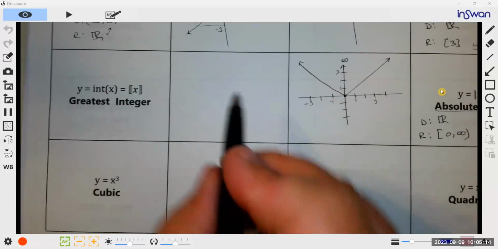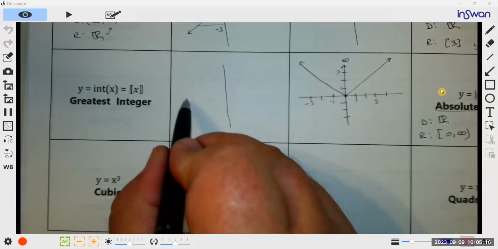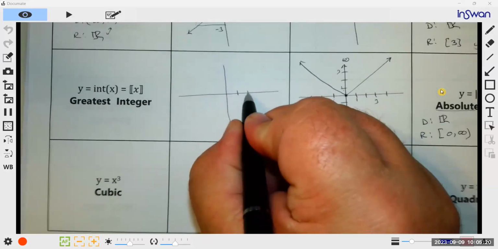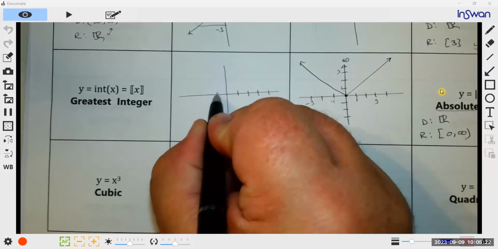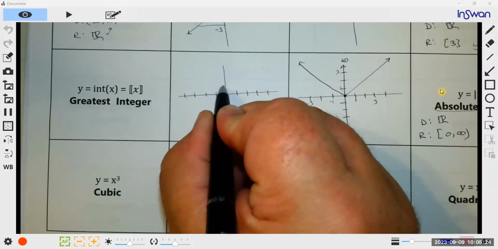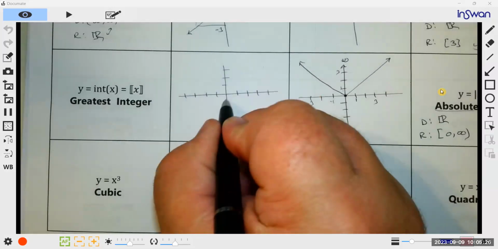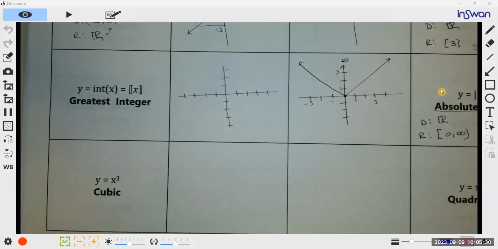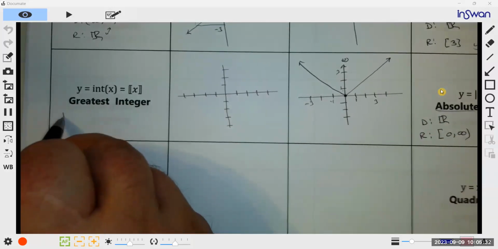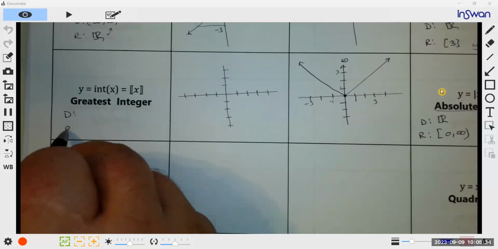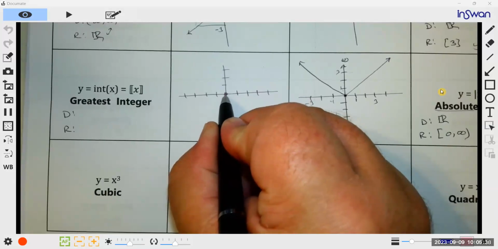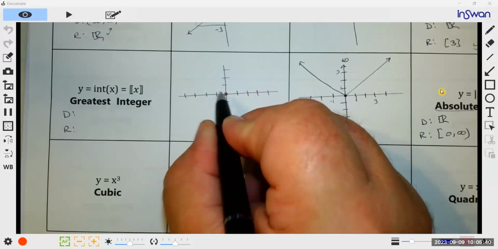The greatest integer function, this is one of the special ones that are out there. It's called the greatest integer because that's all it deals with. No matter what you put in for x, if you put 0, it equals 0.